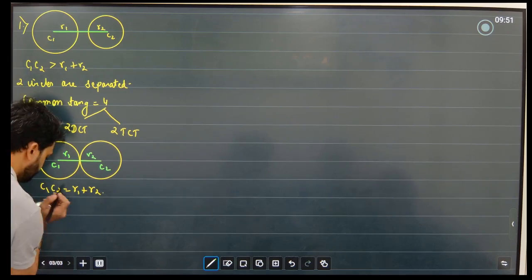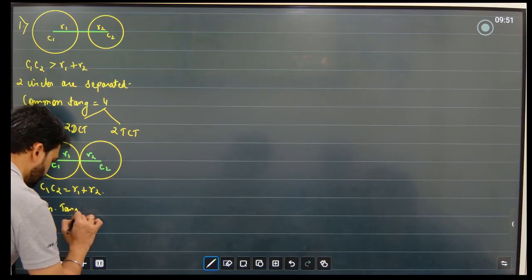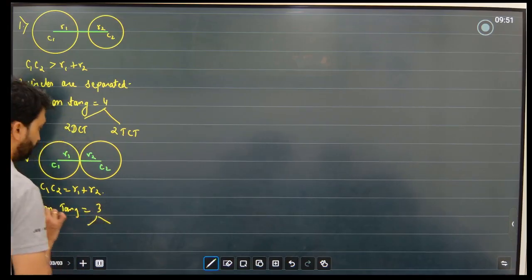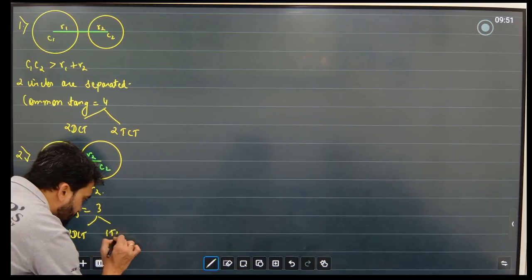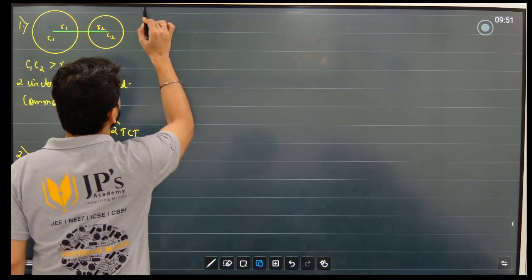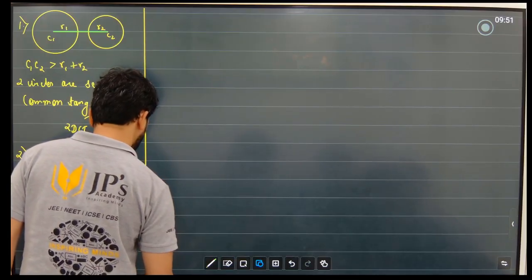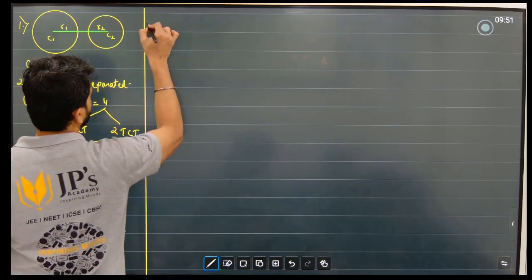Okay, common tangents is equal to 3, where I will have 2 direct common tangents and 1 transverse common tangent. Okay, third part.